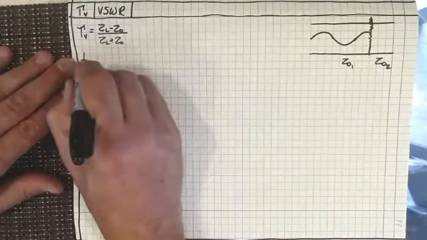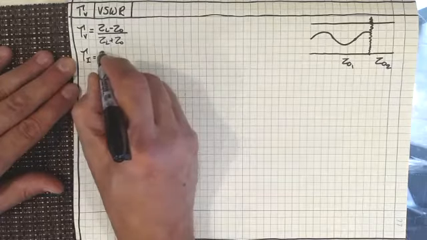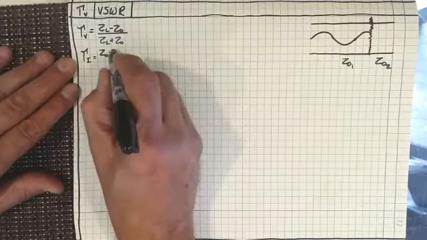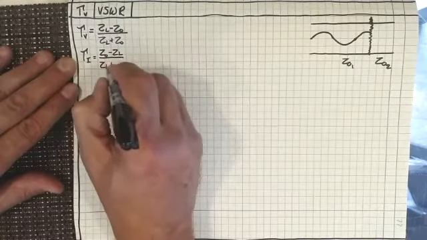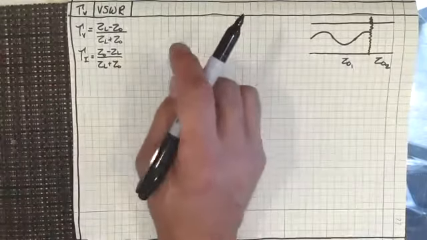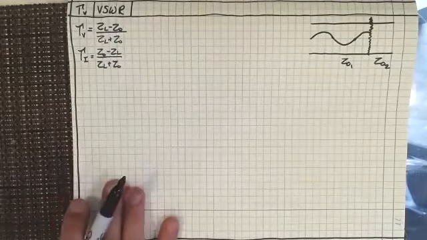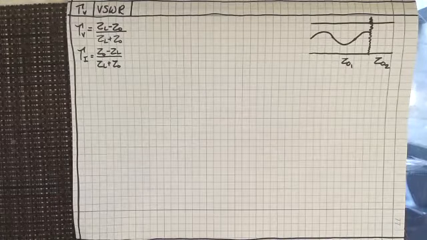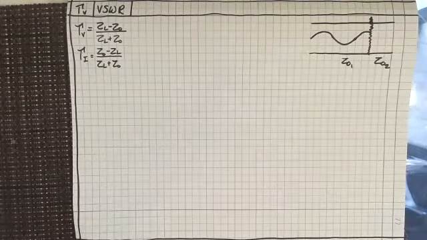And the reflection coefficient for current is 180 degrees out of phase for that. So the only thing that really changes is that the numerator is Z sub 0 minus Z sub L rather than the other way around, and Z sub L plus Z sub 0 in the denominator. And we did the example in the last lecture where I showed you that those would be 180 degrees out of phase because I did an example with two complex impedances. And so that's what I want to talk about today.